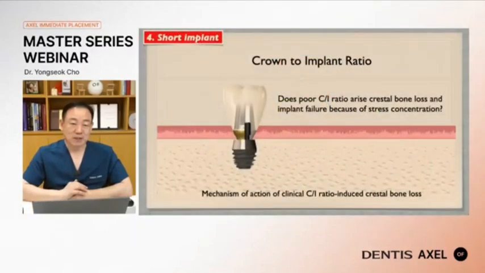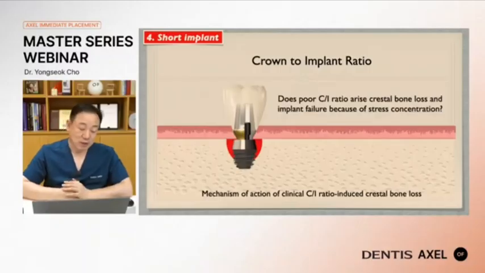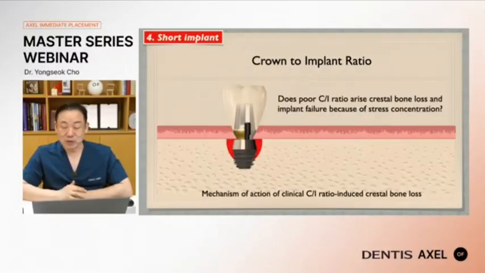Some dentists are skeptical to short implant because when we use short implant, the crown to implant ratio inevitably increases, and many dentists therefore have a concern about their long-term prognosis. However, this concern often arises from applying the biomechanical principle of the natural tooth directly to implant without fully recognizing the difference between them.